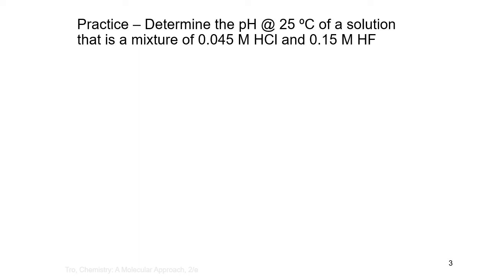All right, so in order to determine this pH, we need to recognize that HCl is a strong acid, which means we don't have a Ka. HF is a weak acid, so some of it's going to stay in the molecular form.